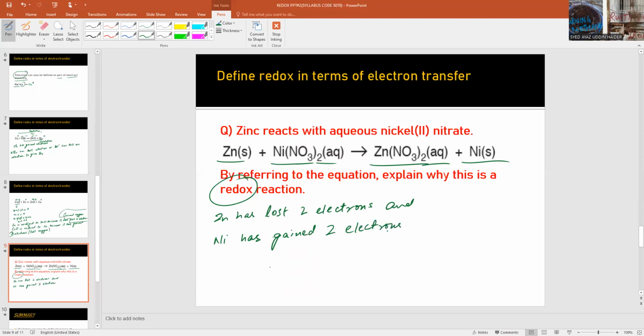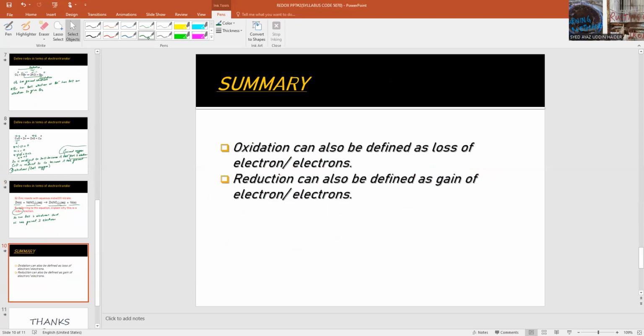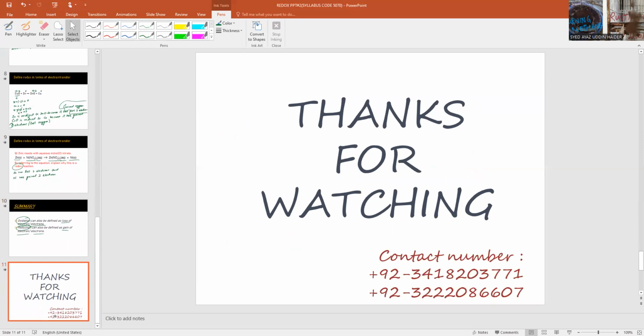So Zn is oxidized and Ni is reduced. In summary, oxidation can also be defined as loss of electrons. Reduction can also be defined as gain of electrons.